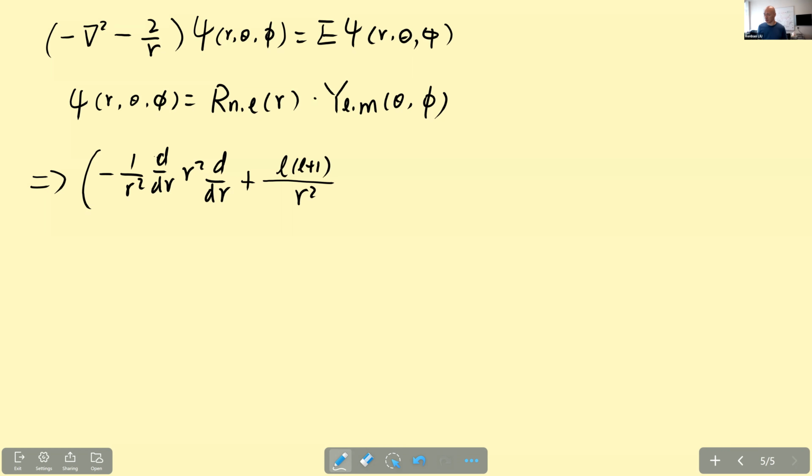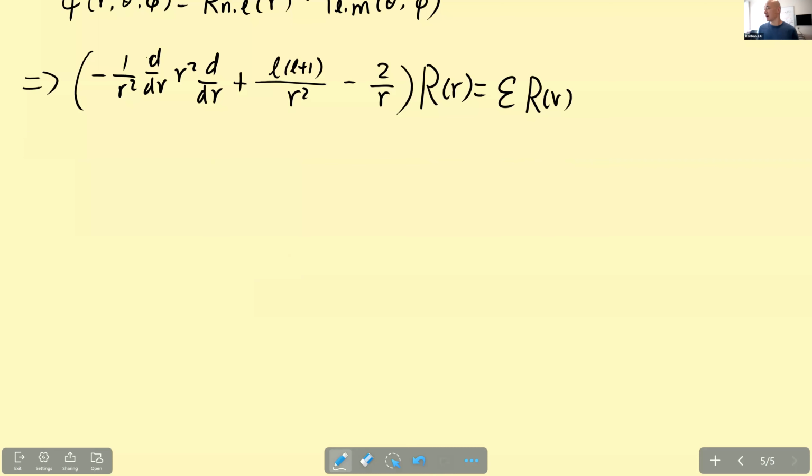That's the angular momentum squared, okay? And divided by r squared. And then you have this 1 over r potential, it's minus 2 over r, okay? So this should equal to the energy times R, okay? And then we can solve this problem by the series solution, okay?